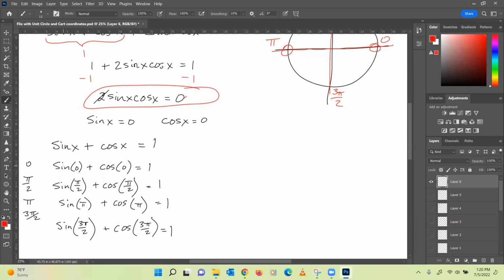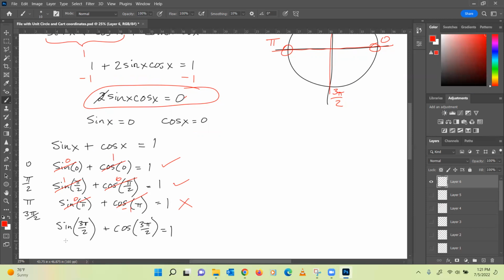Well, we know that the sine of 0 is 0. The cosine of 0 is 1. 0 plus 1 is indeed 1, so that checks. Sine of pi halves is 1. Cosine of pi halves is 0. 1 plus 0 is 1. That checks. Sine of pi is 0. Cosine of pi is negative 1. 0 plus negative 1 is not 1, so that does not check.